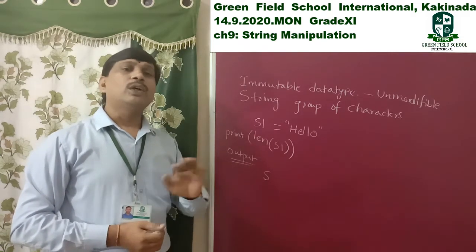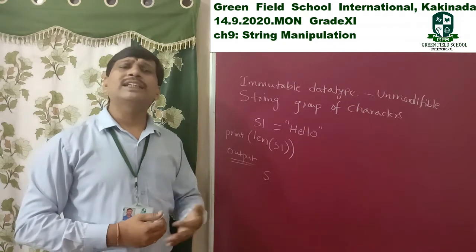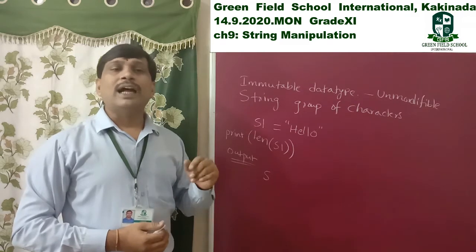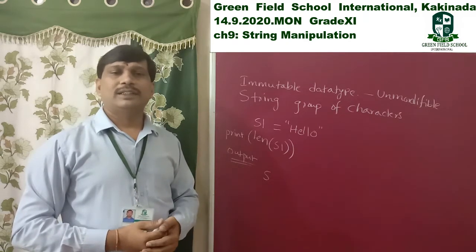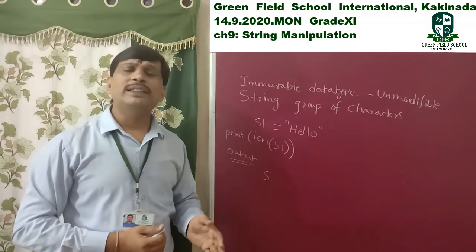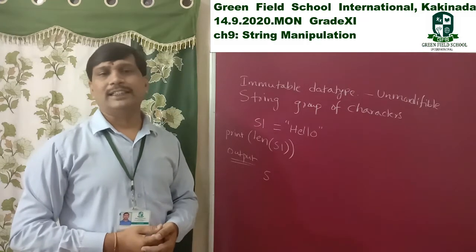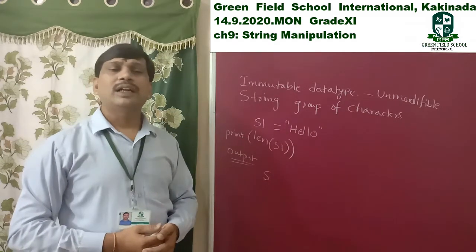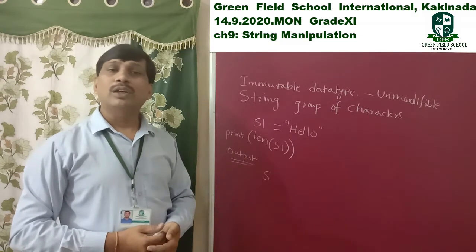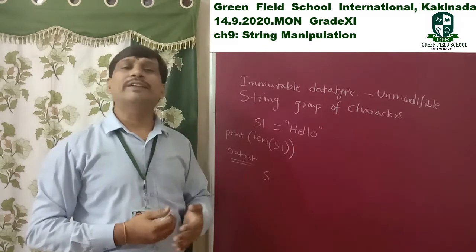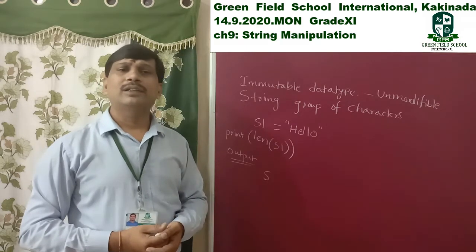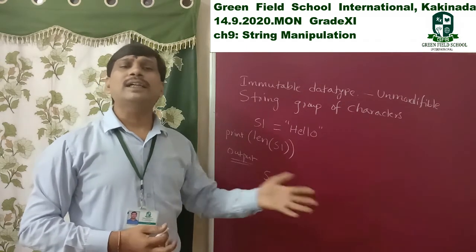Unmodifiable means we apply some operations on strings, and the result can be changed, but we do not change the original string. We create a new string rather than modifying the old string. That is the concept of immutable or unmodifiable type of the string. When we apply any operation on the given string, the changes are not reflected in the given string.